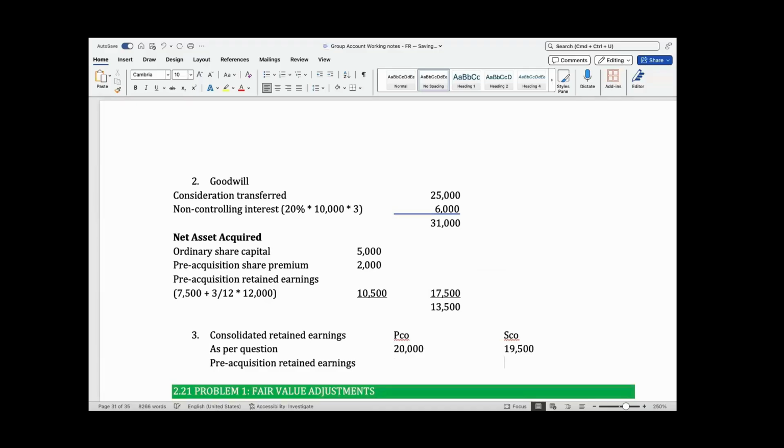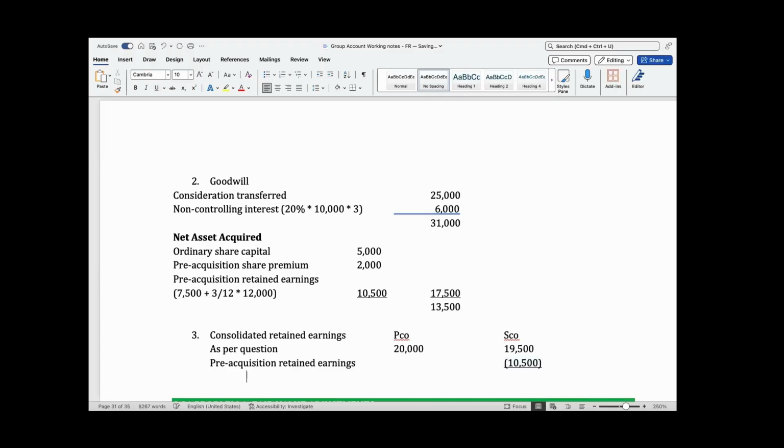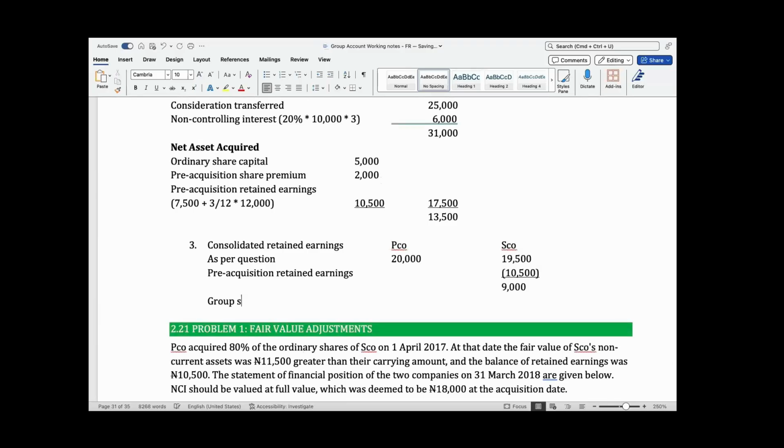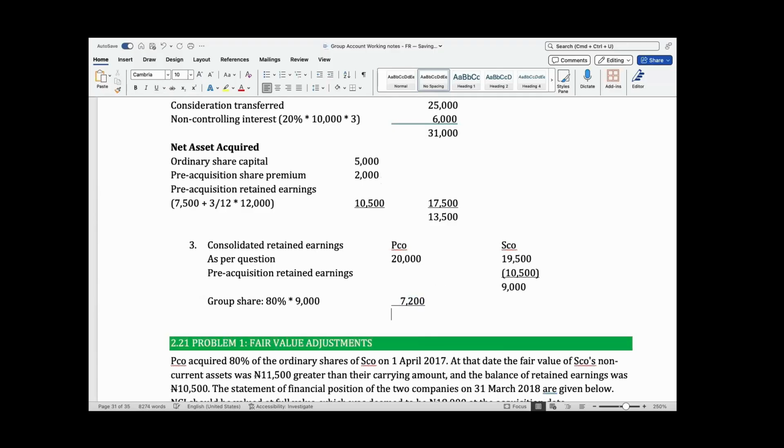All the pre-acquisition retained earnings. What is the difference? Group share. What's the addition of these two? 27,200.